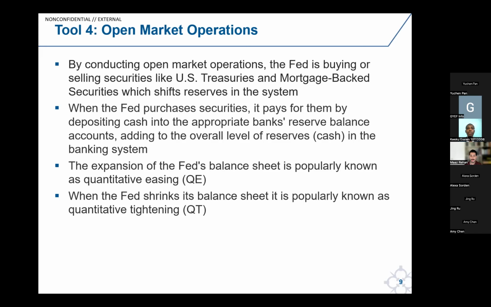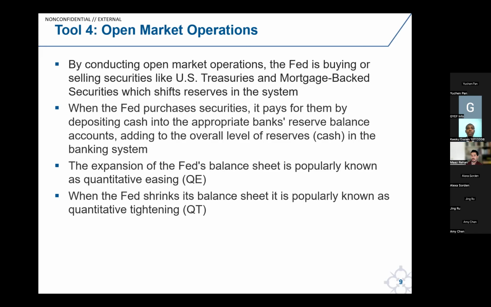So during COVID-19, an increase of the Fed's balance sheet took place as the Fed started to purchase securities to inject liquidity into the market. And the effect of purchasing securities was to reduce longer term interest rates and to support the economy.